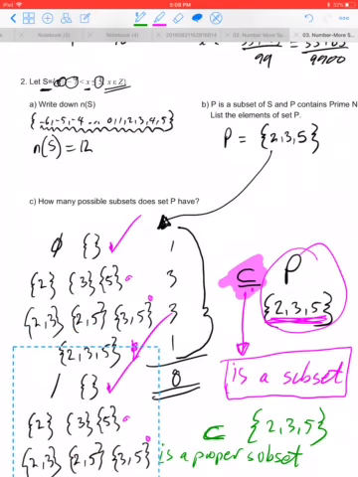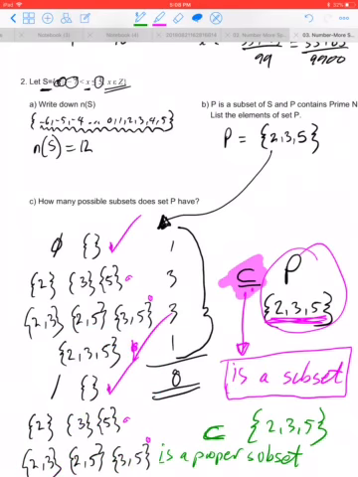So look, it's only these that I can have now, because to be a proper subset, you can't be the same size as the parent set or the universal set. So this is how to use those 2 symbols correctly. This one here is a proper subset, and this one here is just a subset. So have a little think about the distinction between the 2.